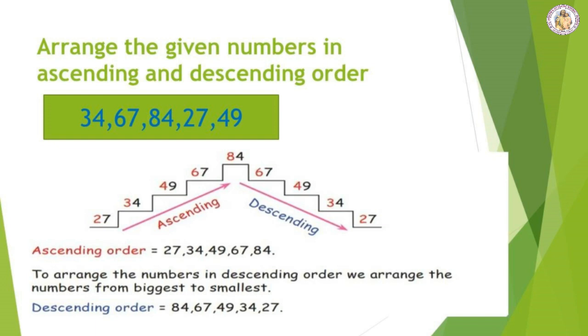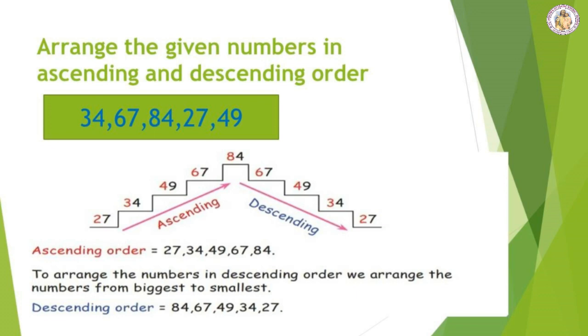Arrange the given numbers in ascending and descending order. Here they have given the numbers 34, 67, 84, 27 and 49. To arrange the given numbers in ascending order, let us look at the digits in the tens places. That is, 34 has 3 tens, 67 has 6 tens, 84 has 8 tens, 27 has 2 tens and 49 has 4 tens. 2 tens is the smallest among these, and next is 3 tens followed by 4 tens, 6 tens and 8 tens.